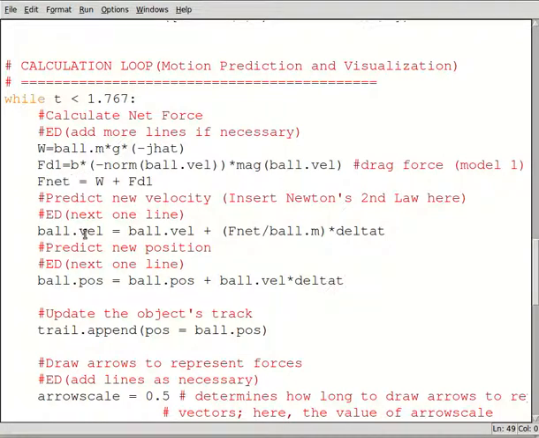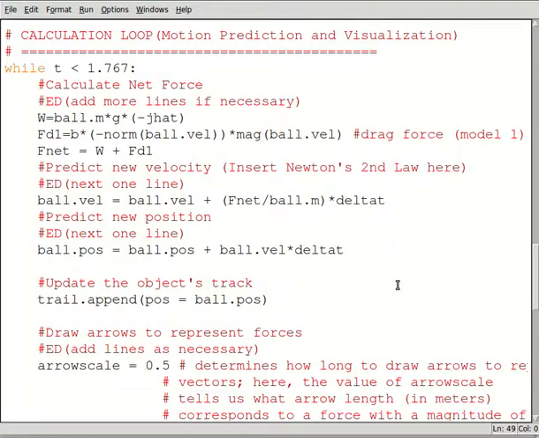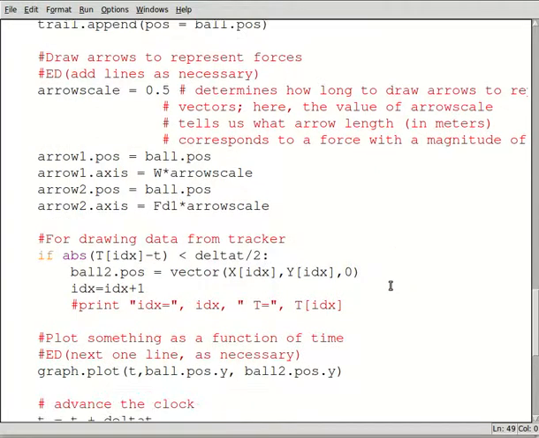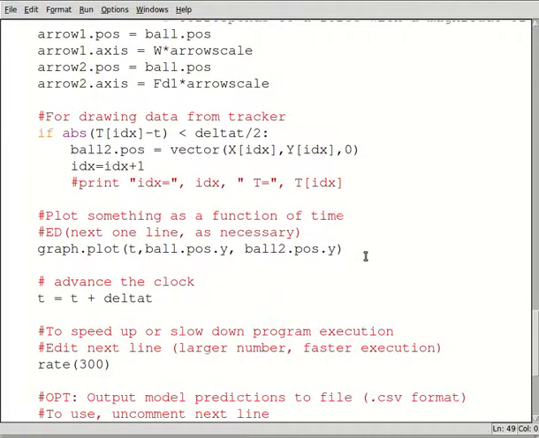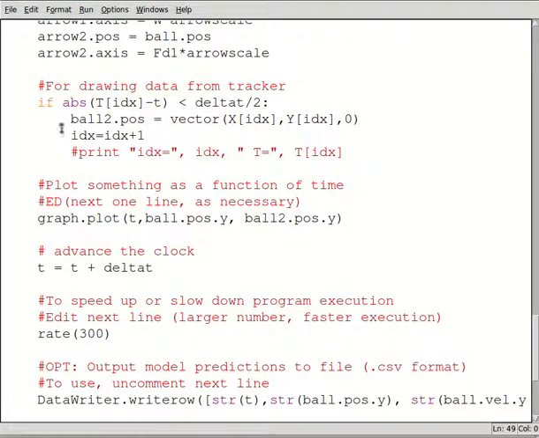After that, we update the velocity and position of the ball in the model. We draw the weight and the drag as 2 arrows, and we also show the graph of the position of the ball obtained from Tracker.